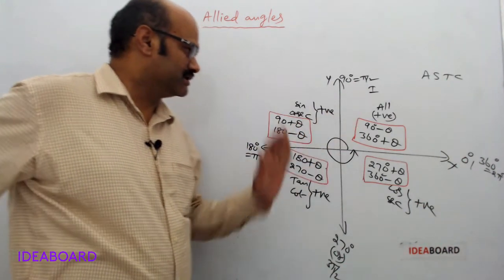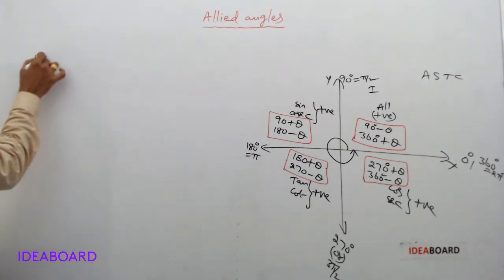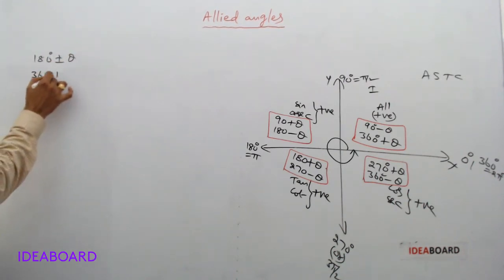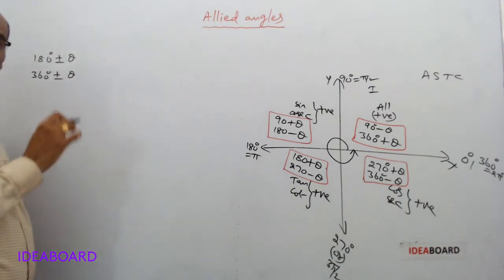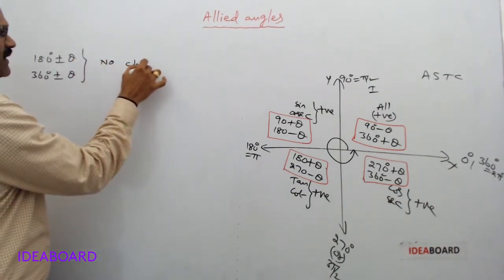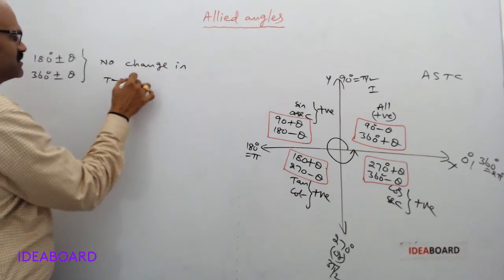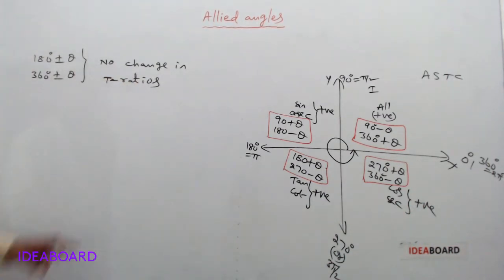Now for the angles 180 degrees plus or minus theta, 360 degrees plus or minus theta, there is no change in the trigonometric ratios.